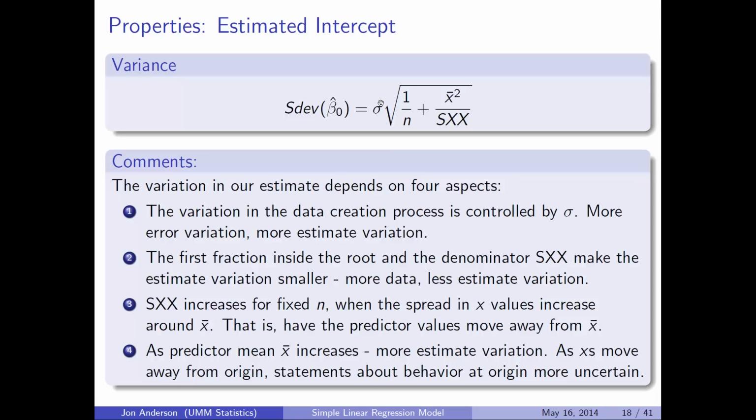And you'll notice there are some of the same things in here. If the data creation system variation sigma is bigger, the variation in our estimates is bigger. When there's more data and n is larger and SXX is larger, the whole variation in the estimate is smaller. And so this gives you an idea about what controls the variation in estimating the intercept.